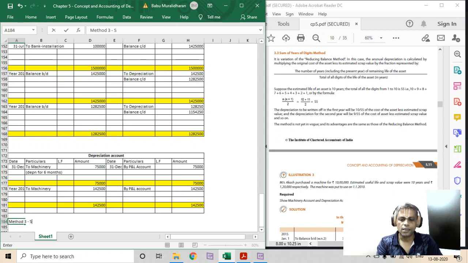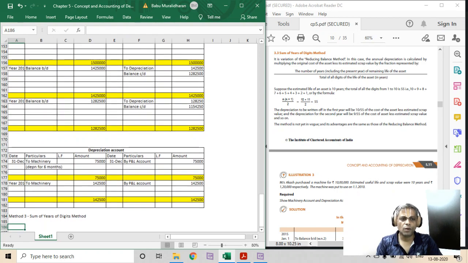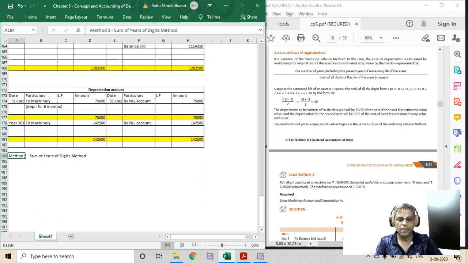Method 3, sum of years of digits method. I'll give a heads up on this now for the students to understand how this works.